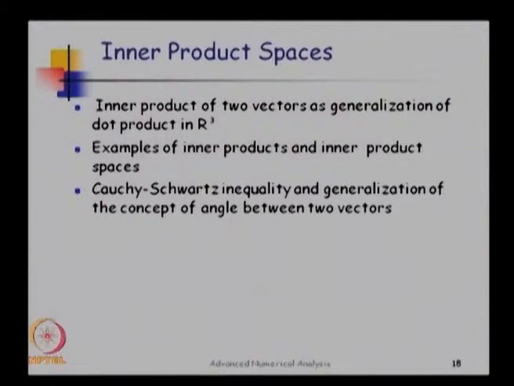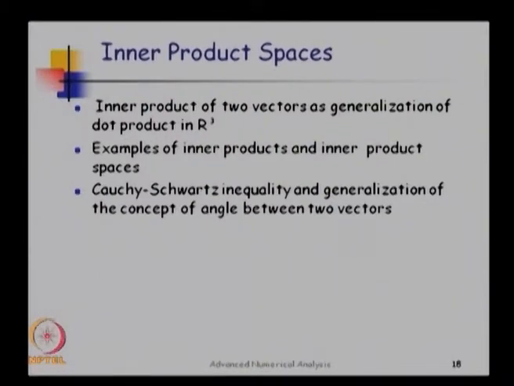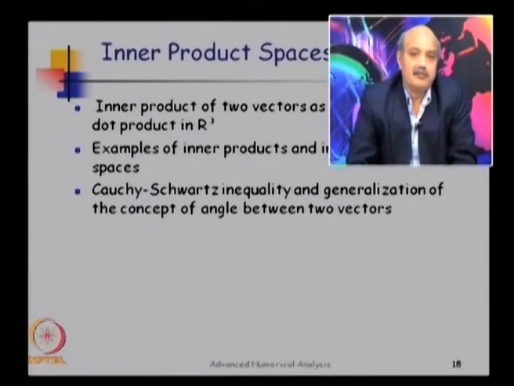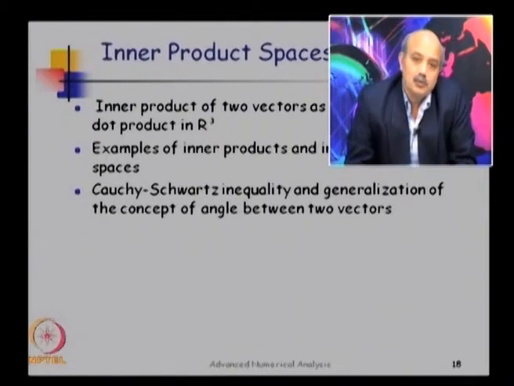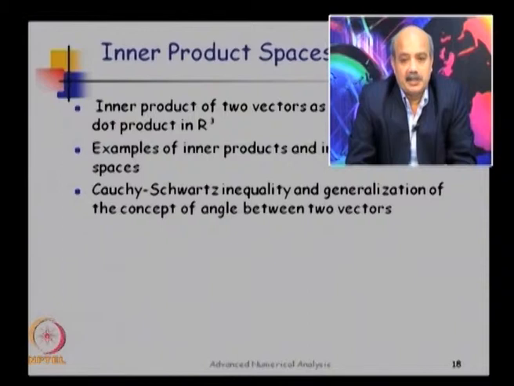One of the fundamental equations that we use in 3 dimensions is that cos theta, the angle between any two vectors, is the dot product of two unit vectors in two directions.